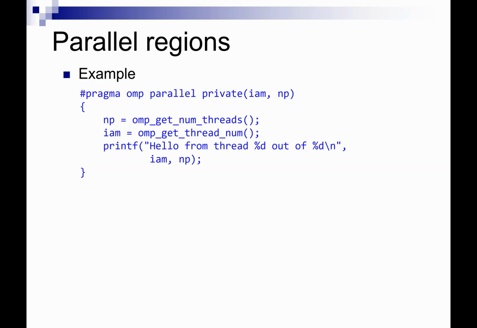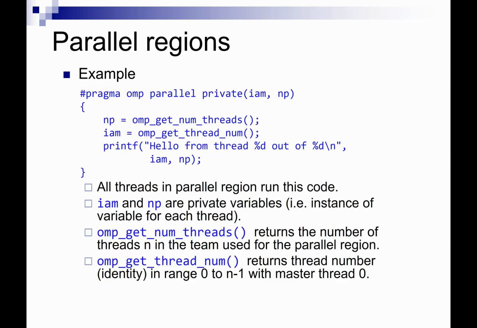Next, we're going to do a hello world again. The threads will just say hello: each prints out its own thread ID and then says how many total threads there are. All of the threads in the parallel region are going to run this code. Suppose you have 4 threads, then you would get 4 of these messages.